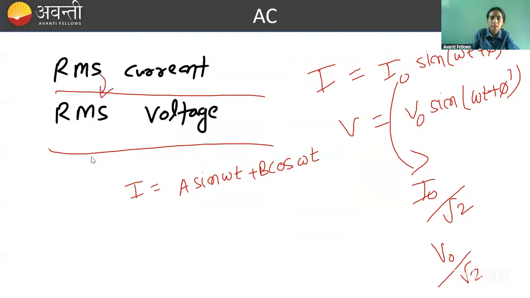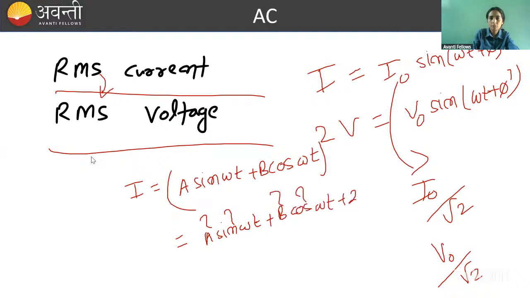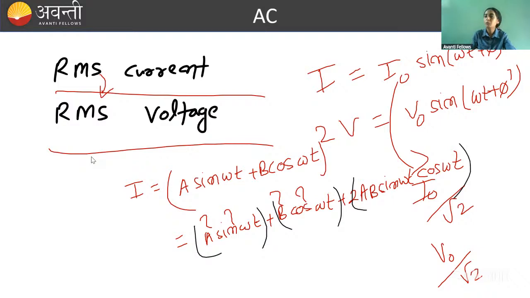First do the square. So first I will square this. I will get A square sine square omega t plus B square cos square omega t plus 2AB sine omega t cos omega t, like this. Okay, squared. After that take the mean. Mean means average. So take the average of each individual term. So we are having one term is this, another term is this, third term is this. You already know average of sine square is half, right? So here simply write A square by 2.